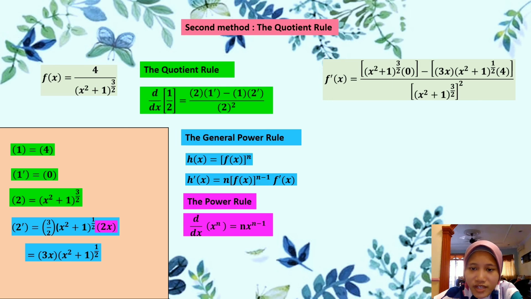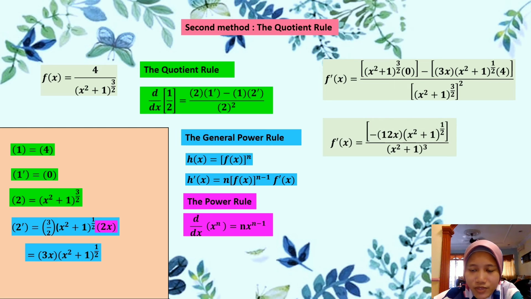Proceed to find f prime x. Just insert into the formula. 2 is x squared plus 1 power 3 over 2, 1 prime is 0, minus 1 is 4, 2 prime is 3x times x squared plus 1 power 1 over 2, over x squared plus 1 power 3 over 2 squared.